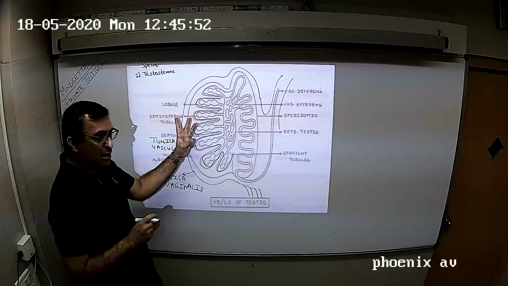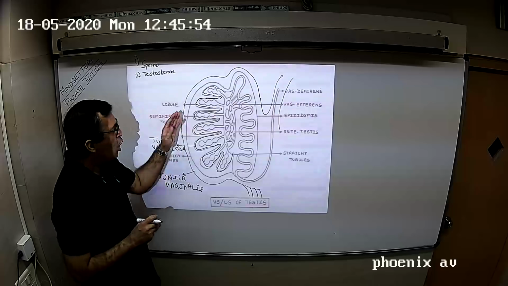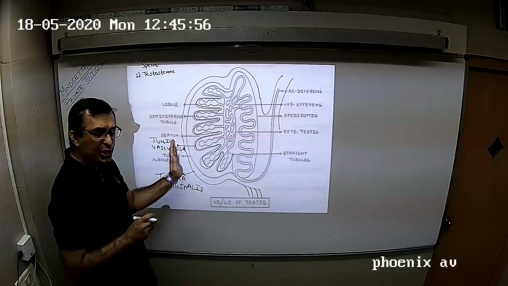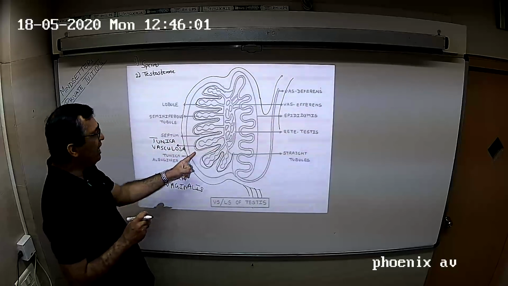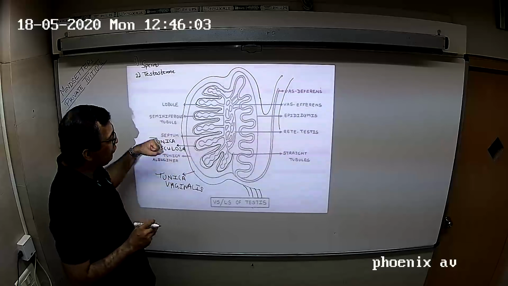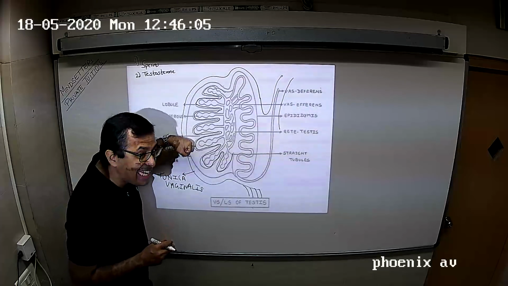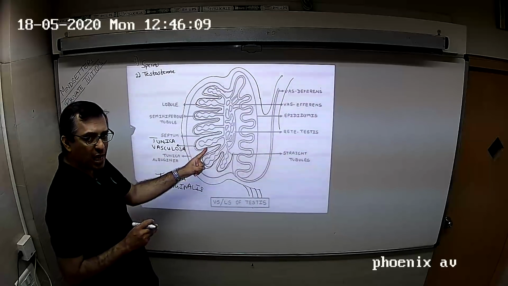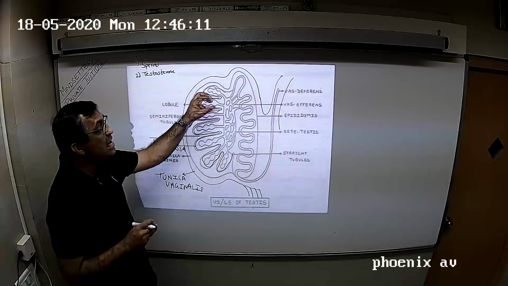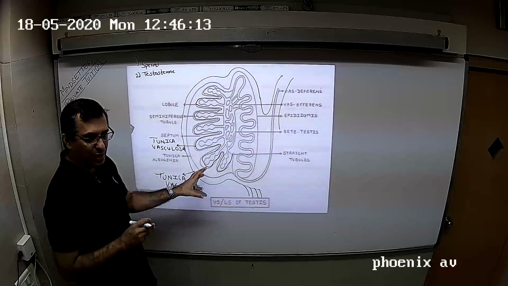So, three layers have three functions. Tunica vaginalis is for mechanical support of the testis. Tunica albuginea is for mechanical protection of the testis. And tunica vasculosa is for providing nourishment to the testis.